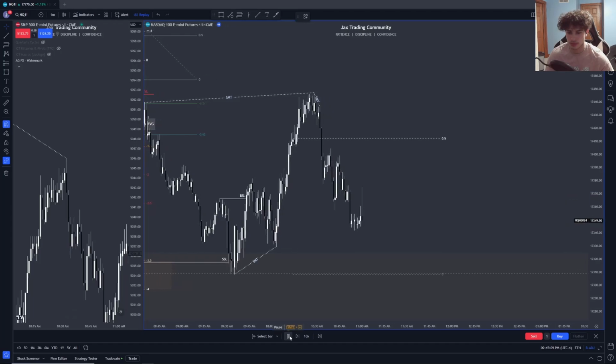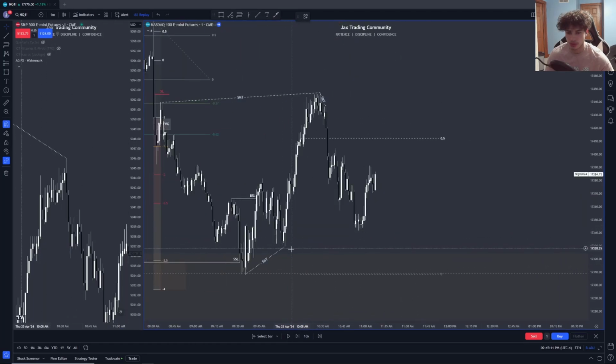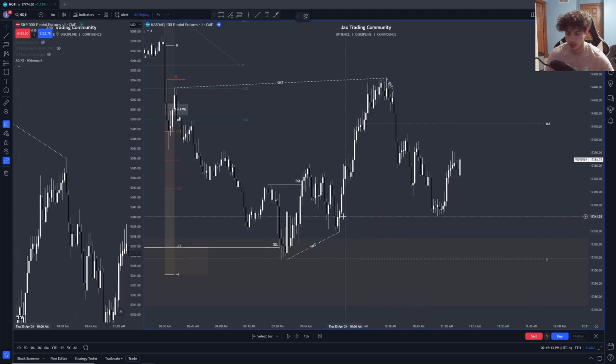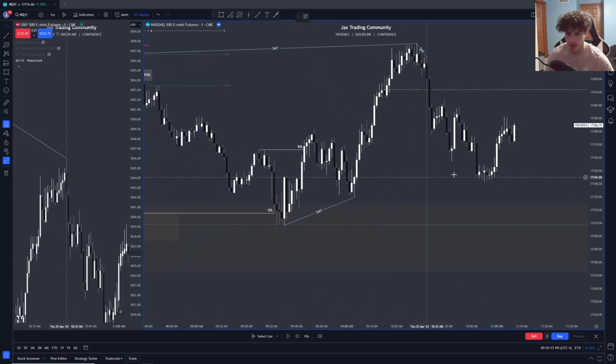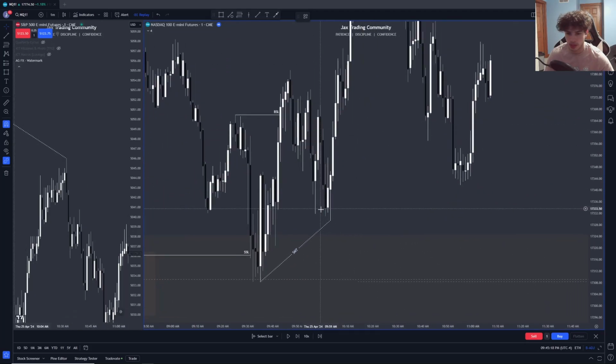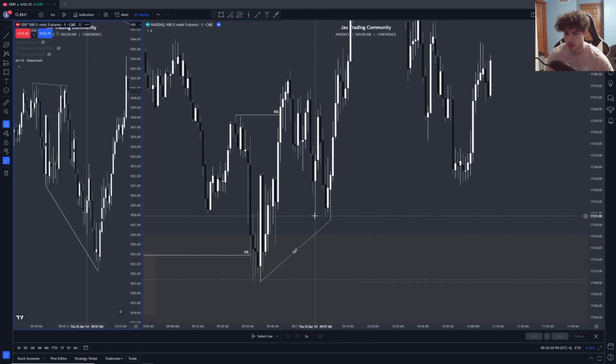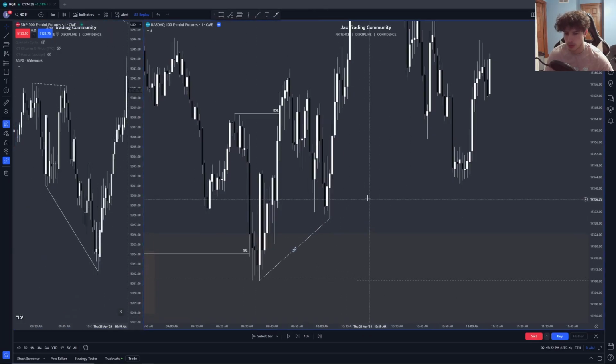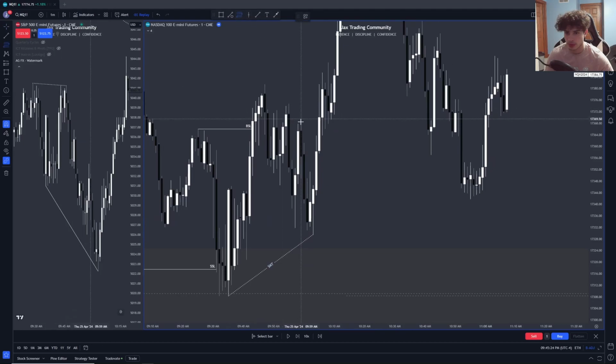Something to notice right here, a couple things we got to notice, is that number one, I want to see if this is SMT at this low. No. But we do have manipulation. This right here is a manipulation leg, 3 strong candles down. It's the last of the move.